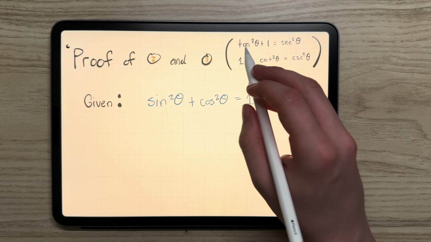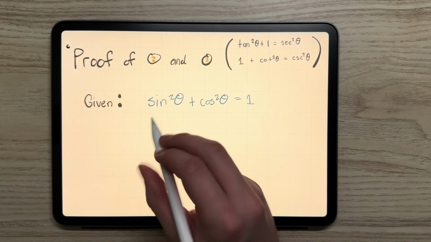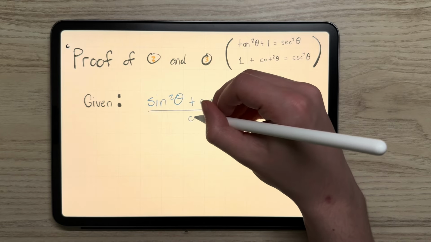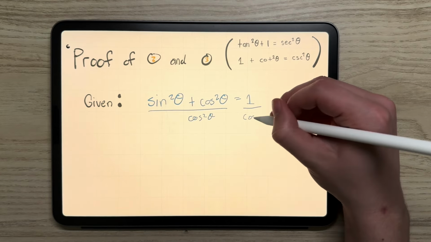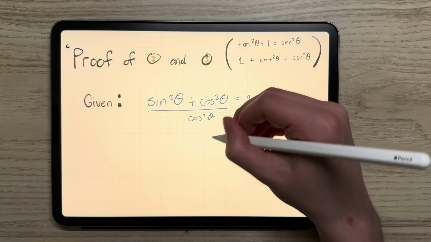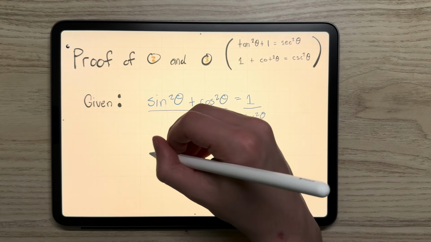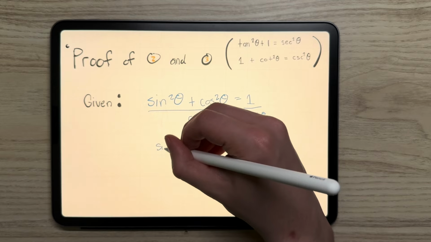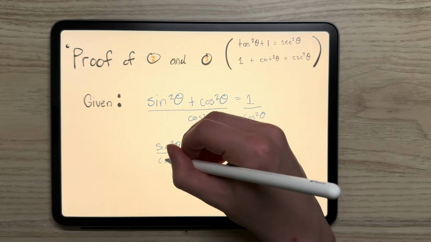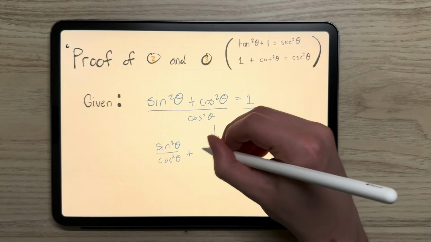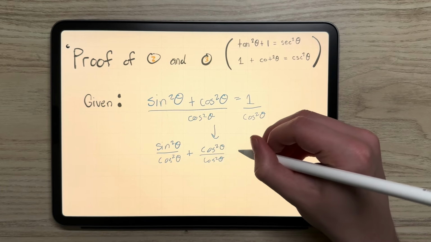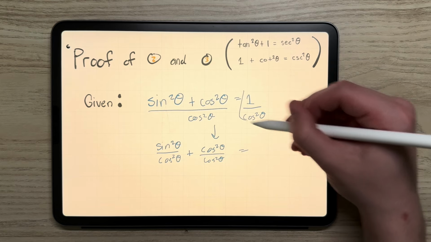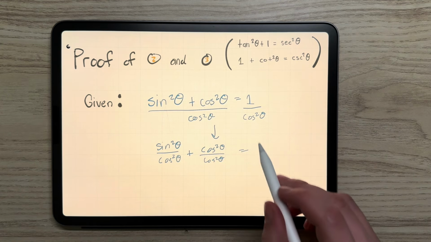And to get to the first one, what we have to do is divide by cosine squared theta on both sides. So this turns into, you can split up the fraction like that. And I'm just going to simplify this thing right here.